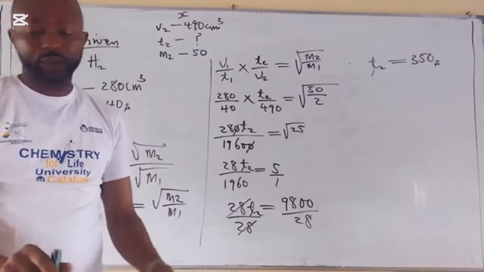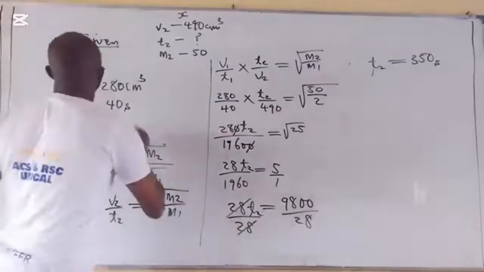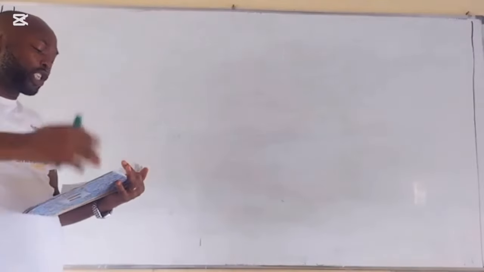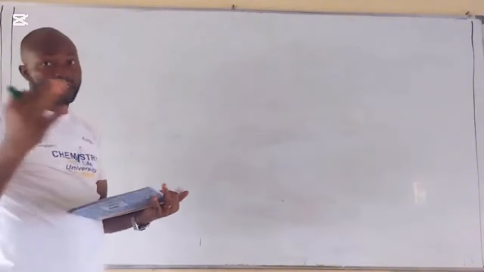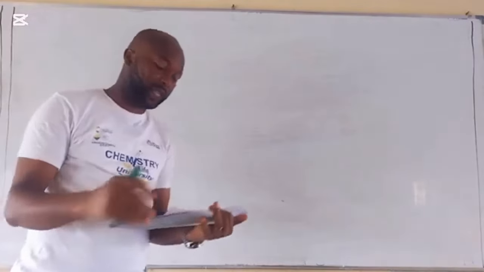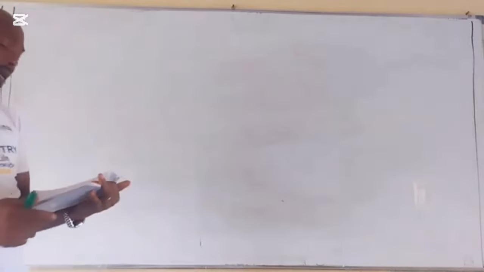Now, question number 2. Under the same conditions of temperature and pressure, remember that is what Graham's law of diffusion says, that the temperature and pressure remain constant before it can be obeyed.